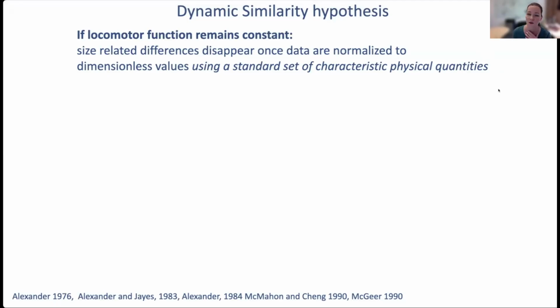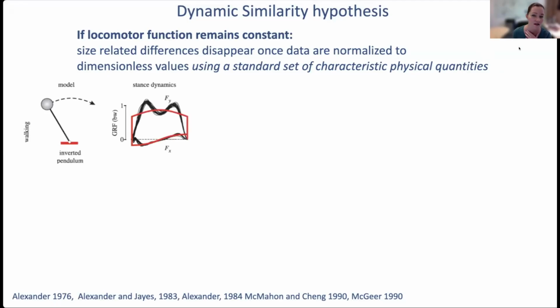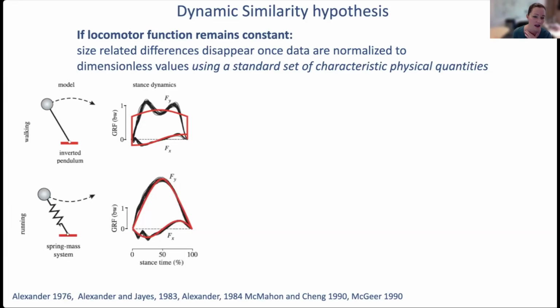Based on these papers, they highlight these characteristic dynamics of walking like an inverted pendulum and running like a bouncing mass spring system. And all walking and running gaits can be considered a combination of spring-loaded inverted pendulum dynamics, a coupling between those two modes of motion.